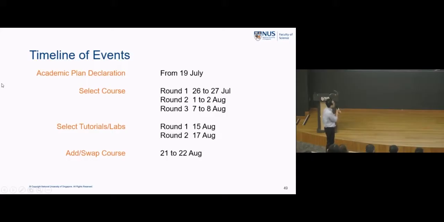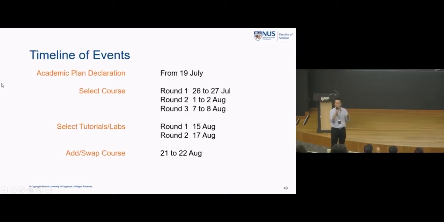And then through 3 rounds, each round lasting 2 days, students will go in to select the courses that they wish to take in addition to what has already been pre-allocated to them. All right, so you make those choices. You notice that between round 1 and round 2, there is a gap. Between round 2 and round 3, there's a gap. Why is there a gap?